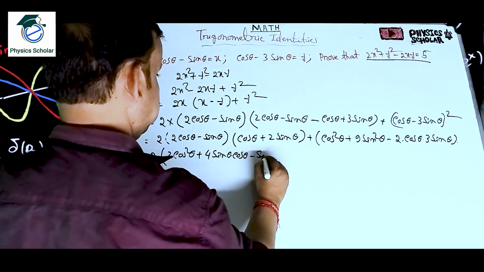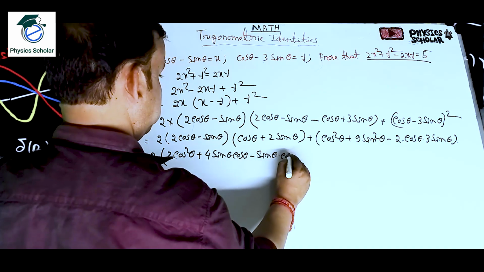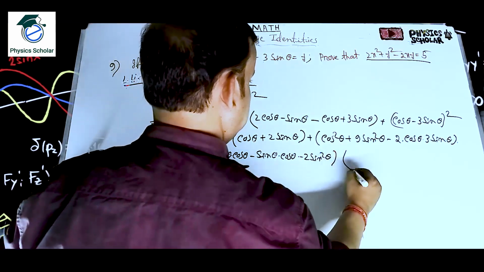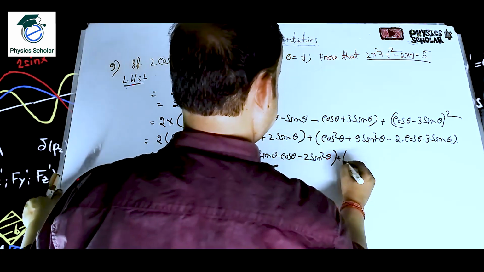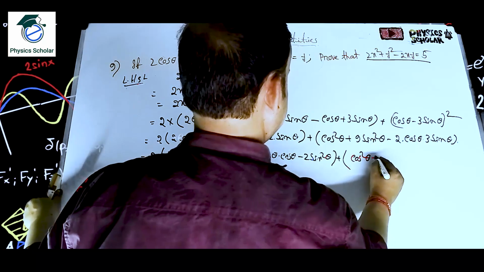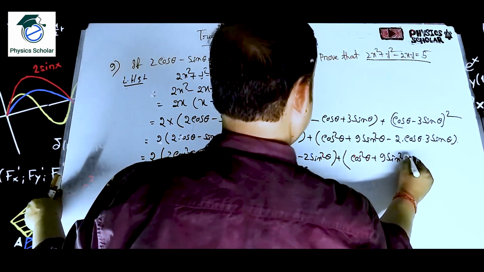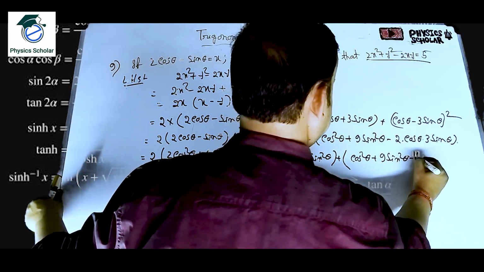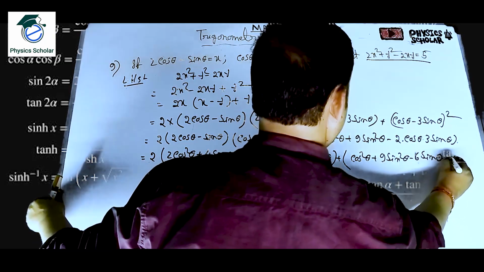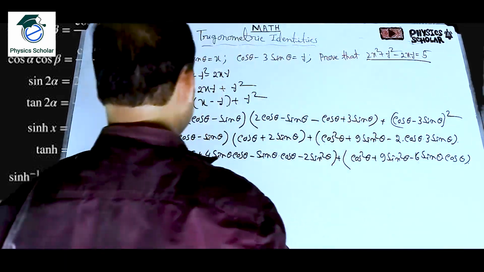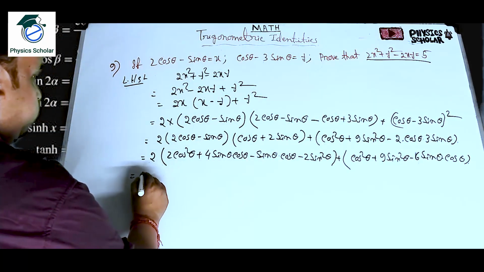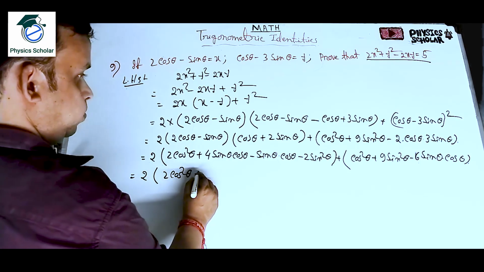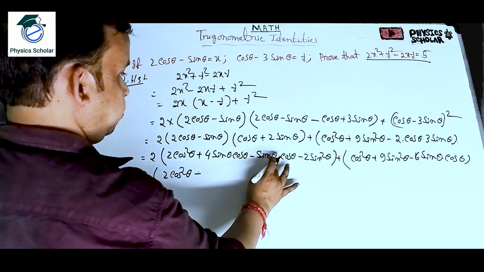minus sin theta into cos theta minus 2 sin square theta into, here it is what? Plus cos square theta plus 9 sin square theta minus 2 and 3 means 6 sin theta into cos theta. Clear? Now it is what? 2 into 2 cos square theta, okay, 4 sin theta cos theta and sin theta cos theta, that means what?